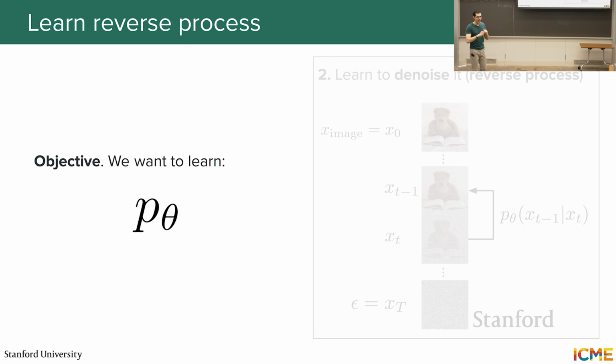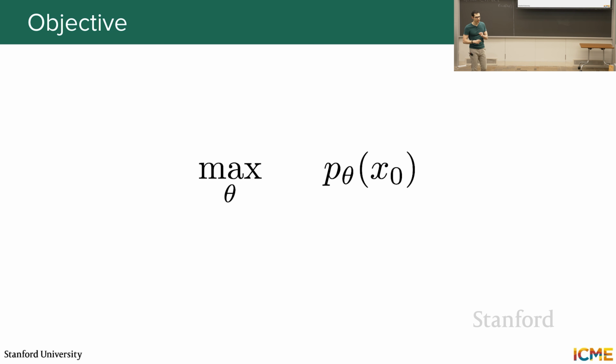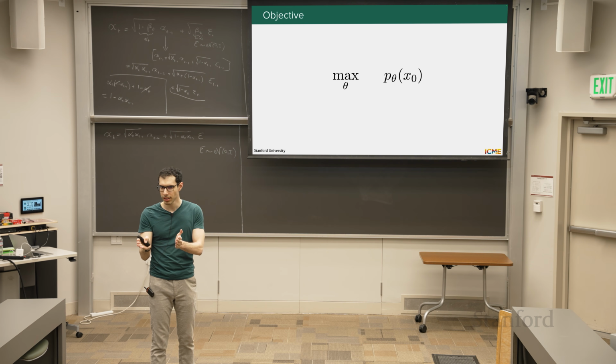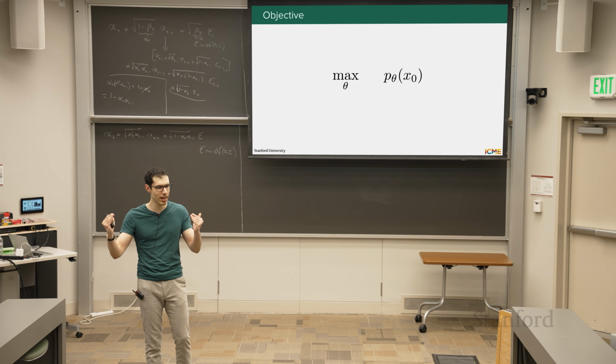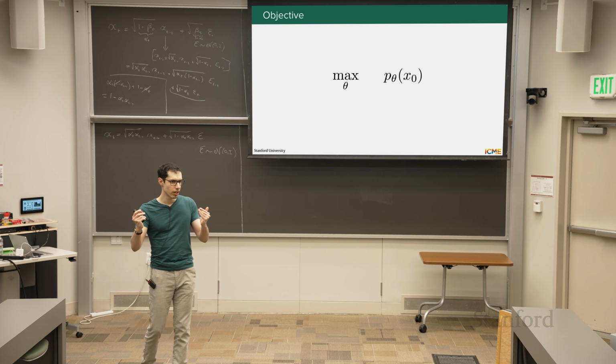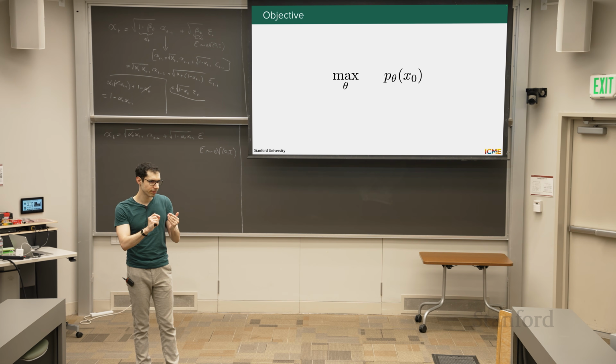So as I mentioned, what we want to do is to learn p theta. In case you have some experience in ML, you will see that a common trick is, given some training data, to maximize the probability of your model seeing the training data. They want to maximize such a probability with respect to theta.